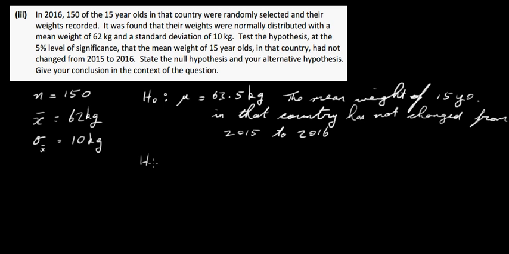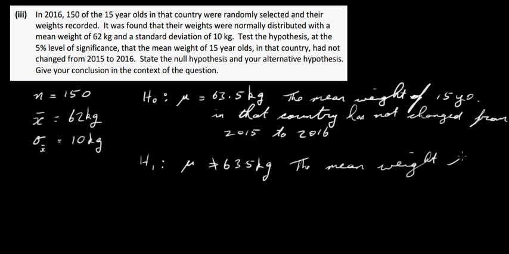And then our alternative hypothesis is just really the opposite of that. Mu is not equal to 63.5 kilograms. In other words, I won't write it all out again, but the mean weight has changed.